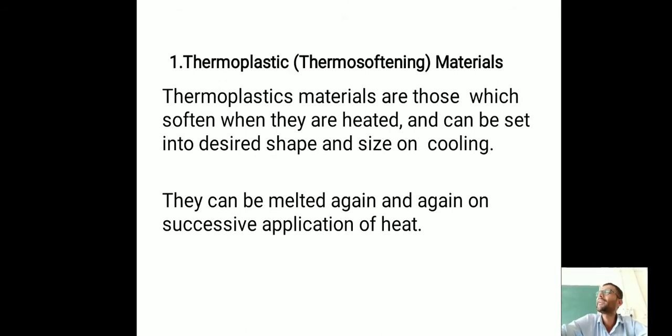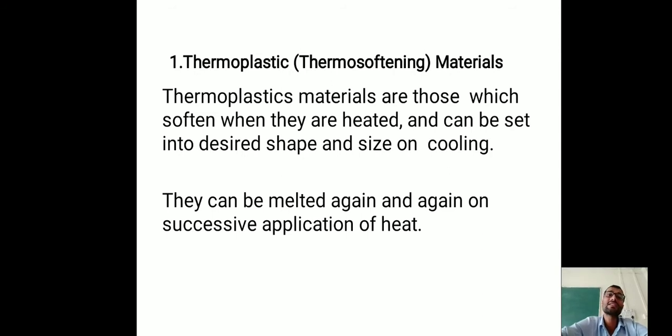So let's see here, friends, what is thermoplastic material? It is also called thermosoftening. The meaning is very clear. Thermoplastic materials are such materials that soften when we supply heat and can be set into the desired shape and size on cooling.